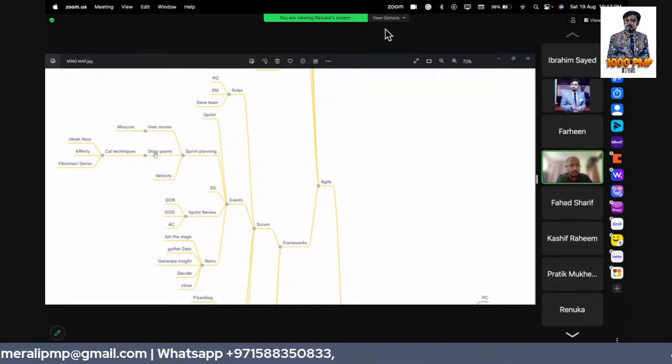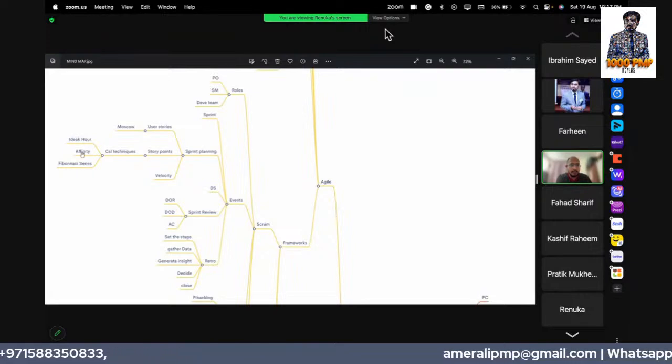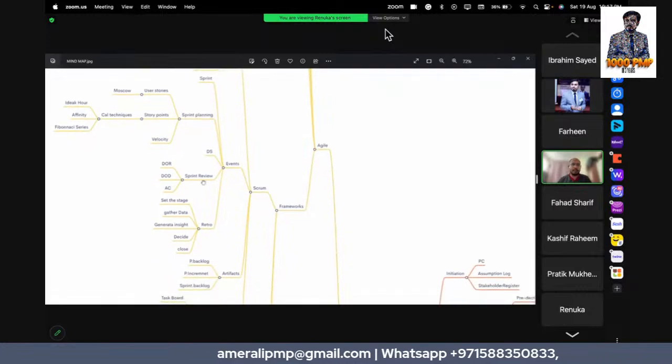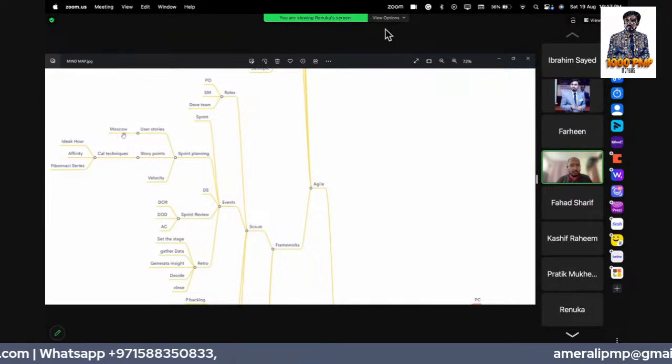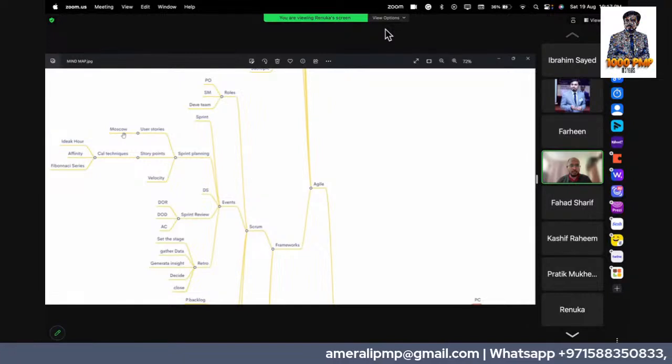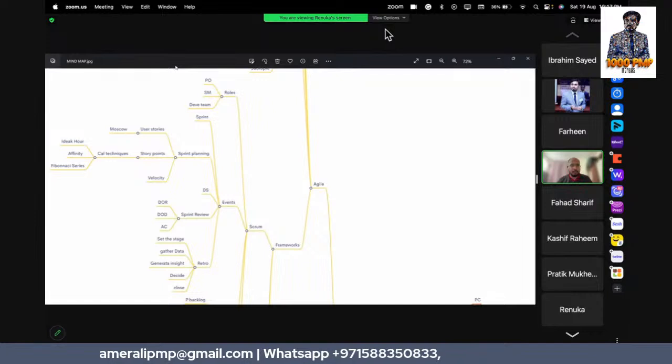We have calculation techniques for story points: ideal hours, affinity technique, and Fibonacci series. In user stories, we prioritize using MoSCoW: must have, should have, could have, would like to have.